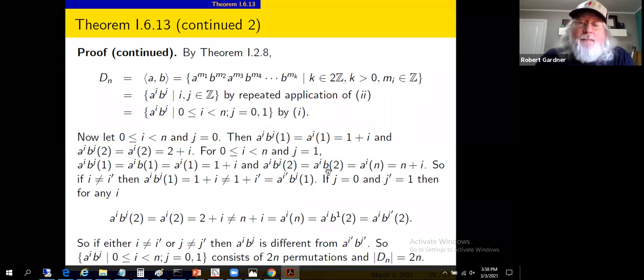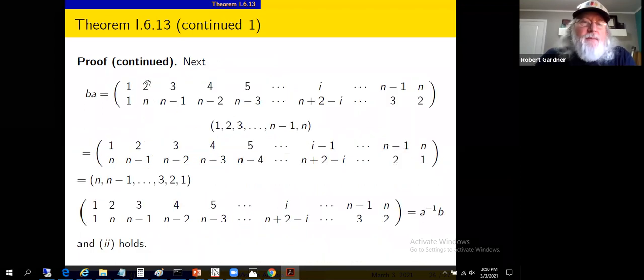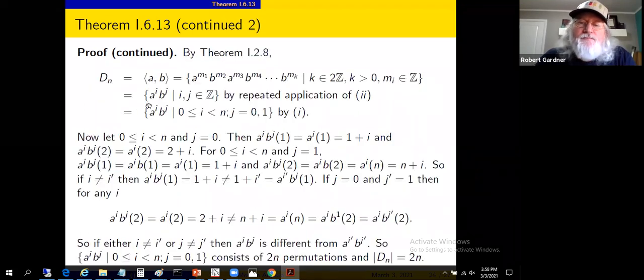That would be A to the i, B of 2, with j equals 1. Remember, permutation B mapped 2 to n. Look at the definition on the previous slide if necessary. Actually, let's do that. Yes, B mapped 2 to n. Here's B. So that gives us A to the i of n. i is simply added on to n and the label reduced mod n as needed. So we're getting different behaviors here.